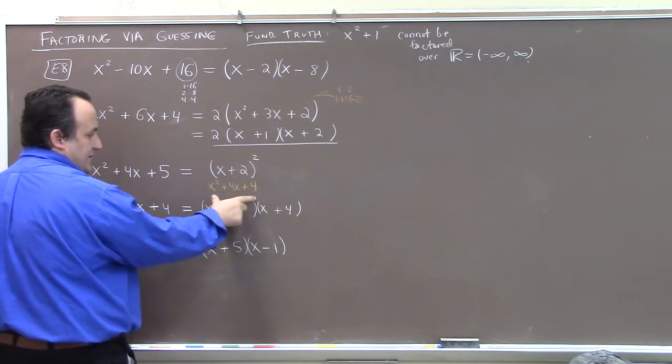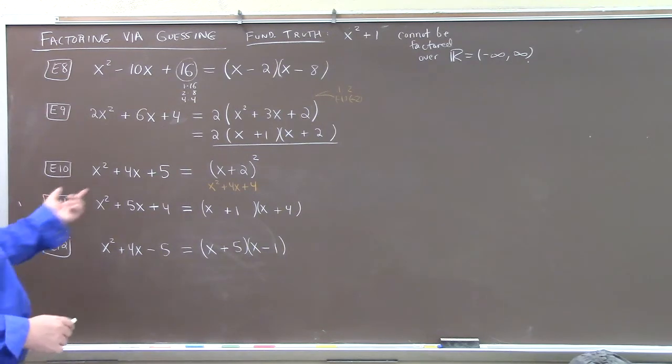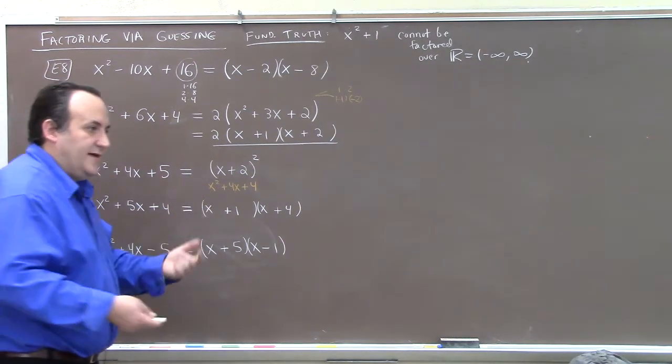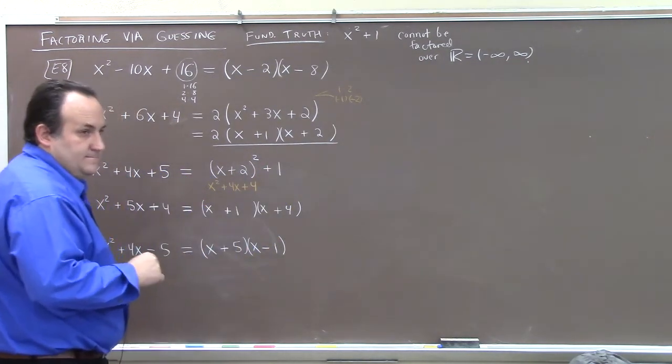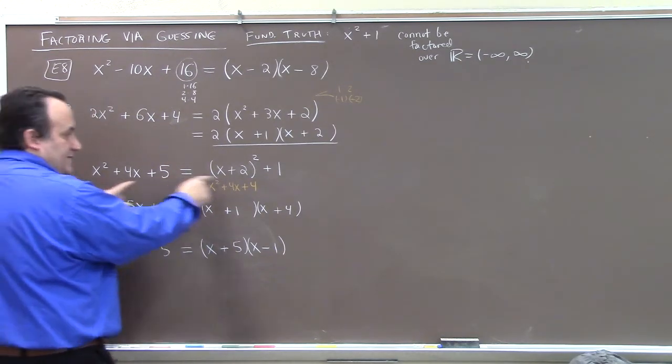When we square this out, we get that, by that formula. Is that equal? It's not equal, right? Because you got 5 over here. This only gets 4, so we have to add 1. So this is equal to that.